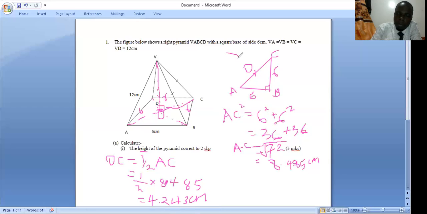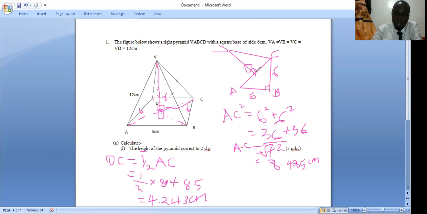Remember, this OC leaves that point and then goes to where V is. And the question was the height of the pyramid. So at this point here we have V, and we are forming 90 degrees.